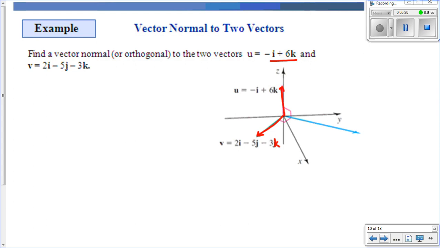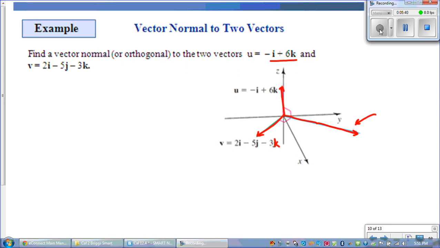Now, u cross v will be pointing in this direction. If you look at curling, pointing your fingers down the direction of u and curling them toward v. So let's actually find what that vector is. The cross product is this vector, u cross v.